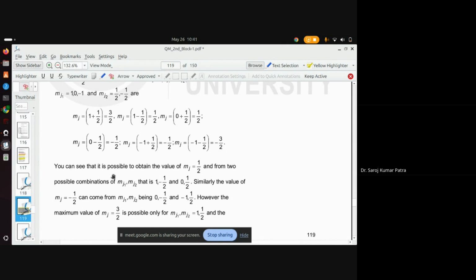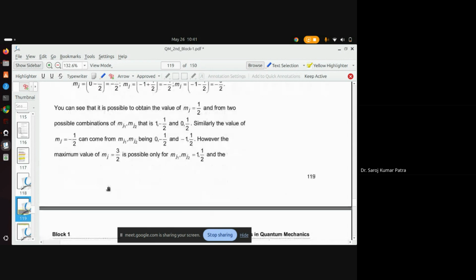You can see that it is possible to obtain the value of mj is equal to half from two possible combinations of mj1 and mj2, which is 1, minus half and 0, half. Similarly, the value of mj is equal to minus half can come from mj1 and mj2 being 0, minus half and minus 1, half. However, the maximum value of mj, 3 by 2, is possible only for mj1, mj2 equal to 1, 1/2.